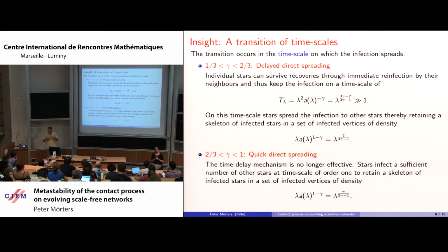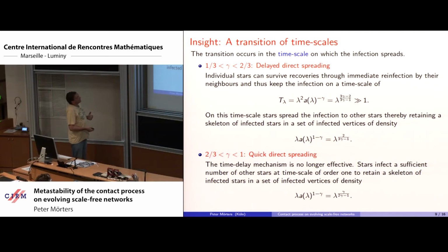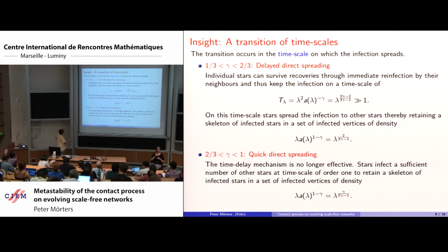So you have to have a rigid definition of stars for this to be good. So sometimes this is not worth it because the infection spreads so quickly on the network that you can work with a bigger set of stars, and that happens when gamma is bigger than 2/3. In which case you would have the time scale 1.